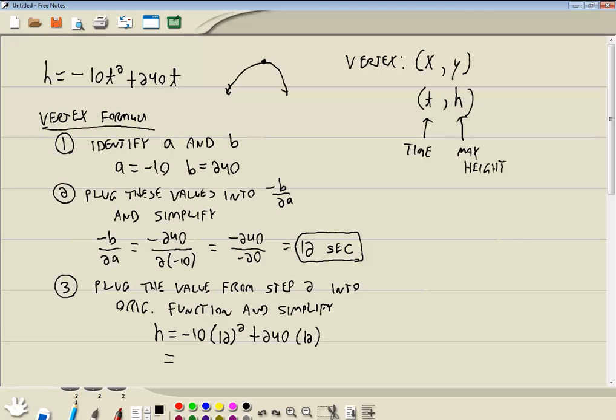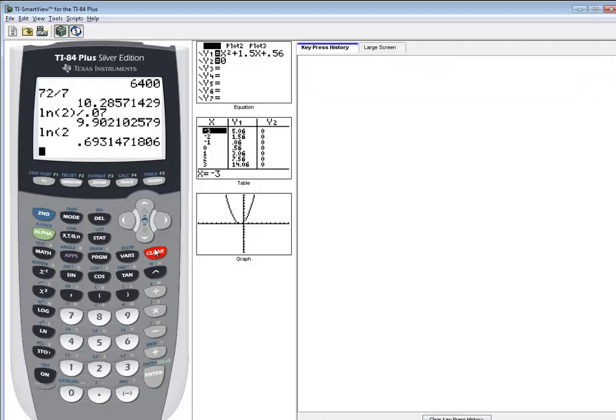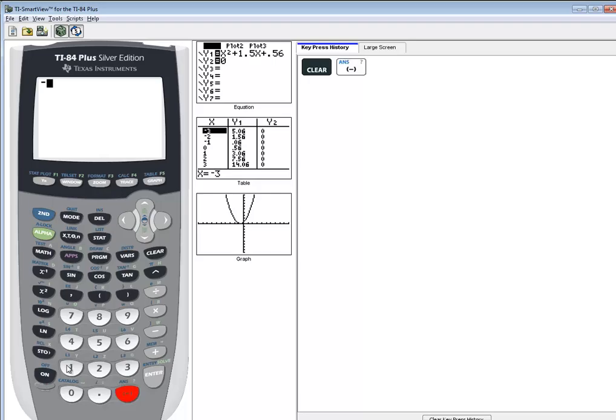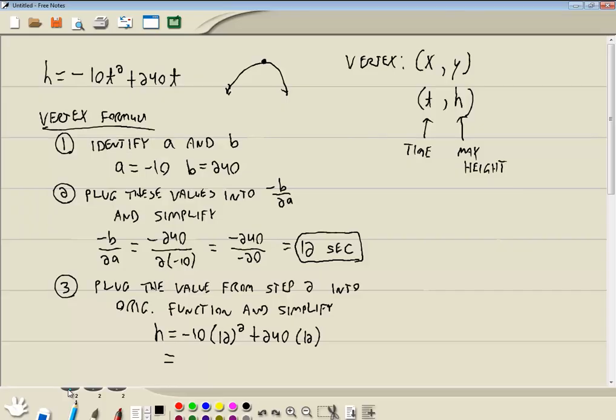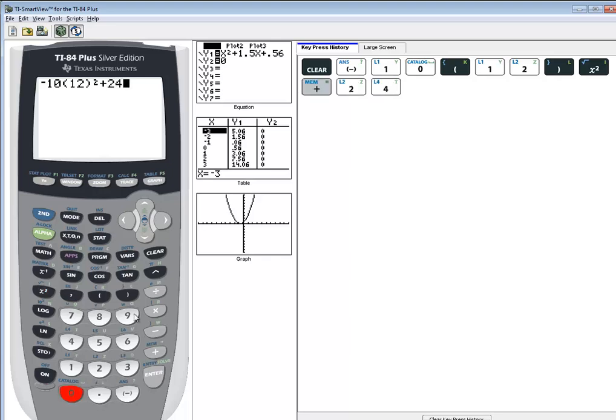And I'm not going to show you my poor numerical skills, so let me go ahead and plug that into the calculator. Okay, negative 10 times 12 squared plus 240 times 12.